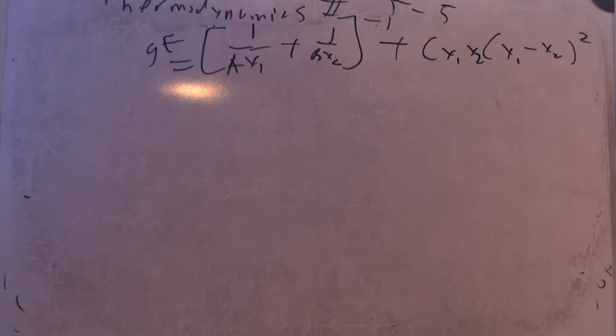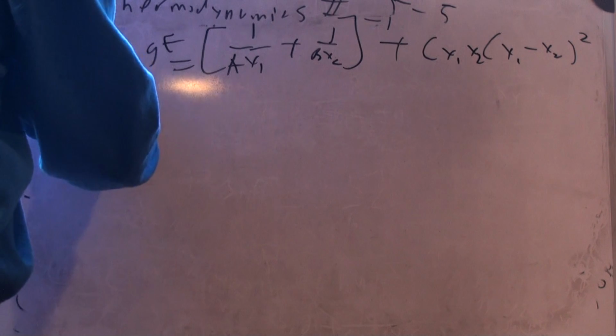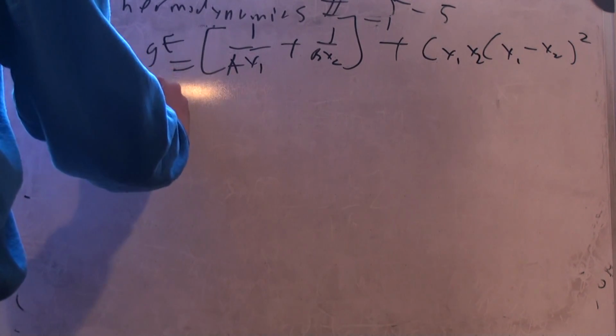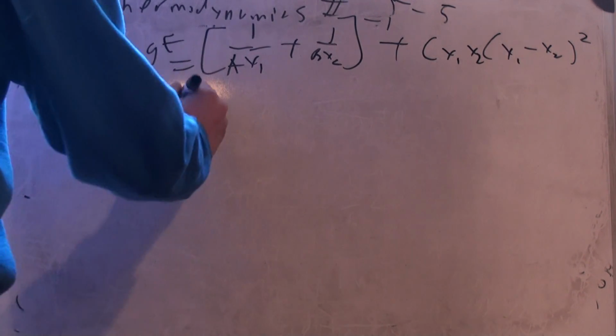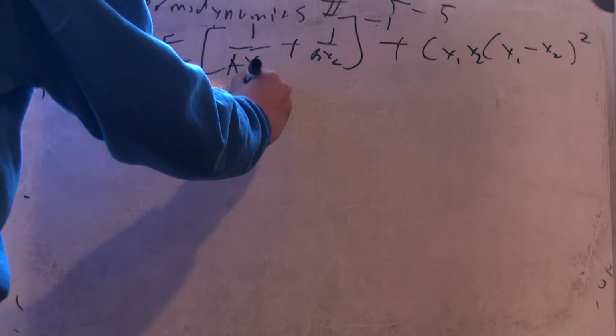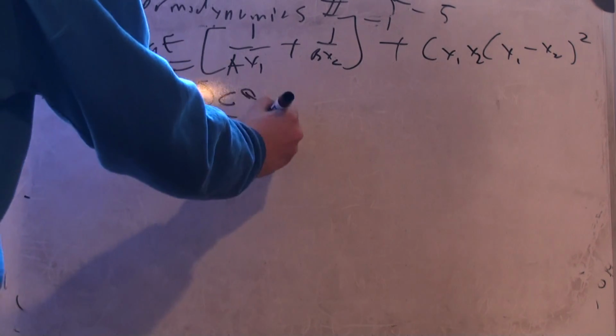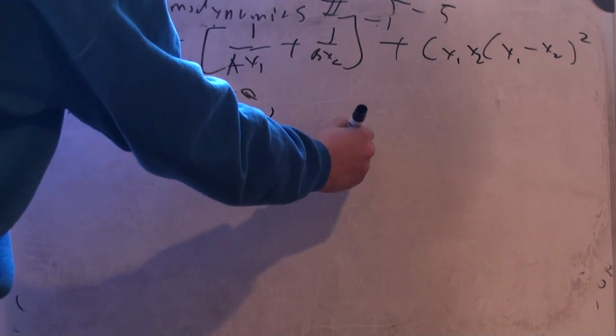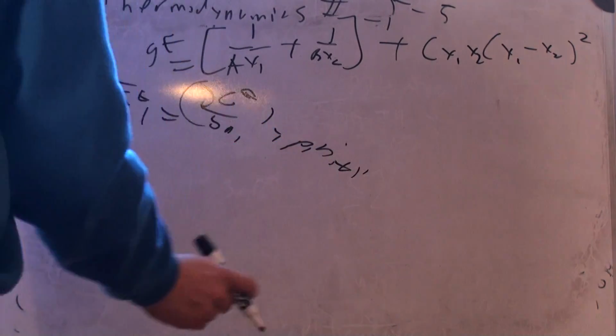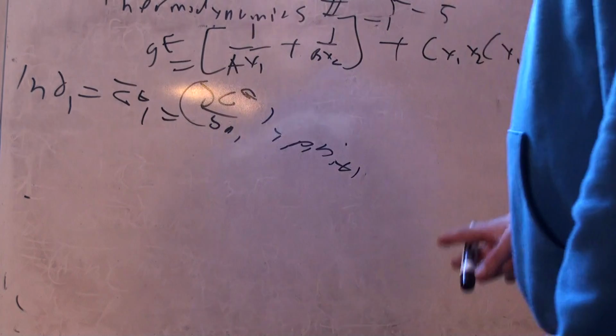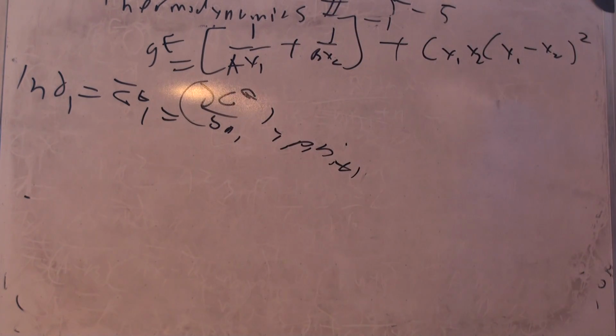So I want natural log gamma 1, which is equal to the partial molar excess Gibbs free energy of component 1, which is equal to dG^E dN1 at constant T, P, Nj not equal to 1. As normal.